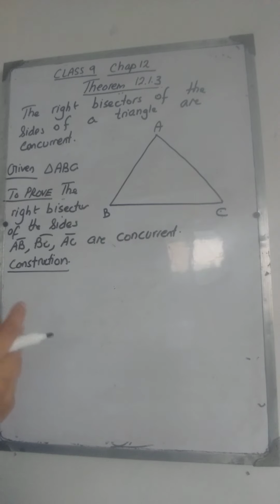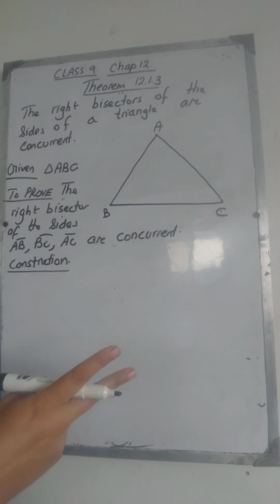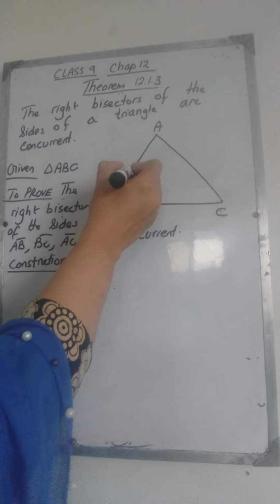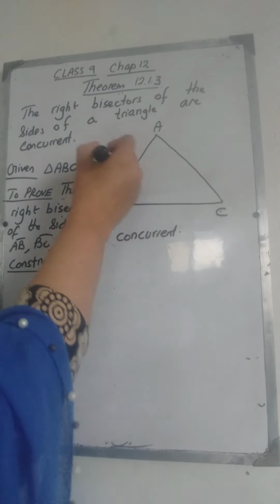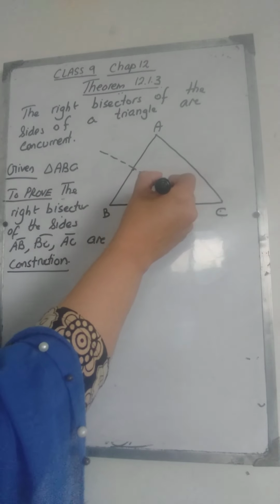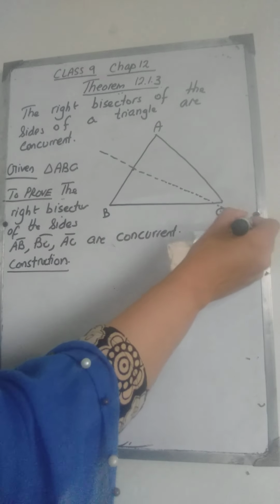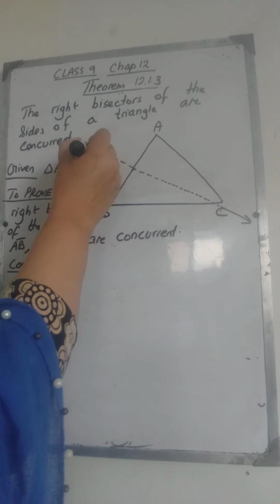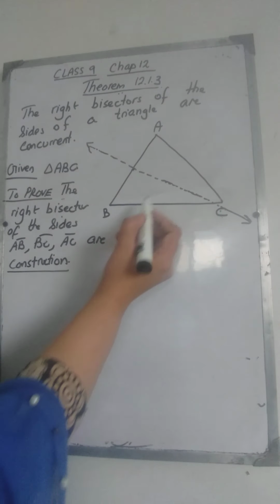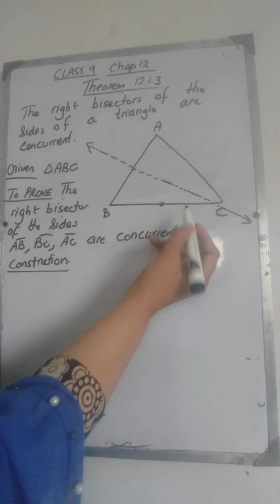In construction we are going to draw two right bisectors. Let me draw the bisector of AB. Okay, let this be the bisector of AB. We are going to construct this. Let it be the first bisector, and I am going to draw the bisector of BC also.